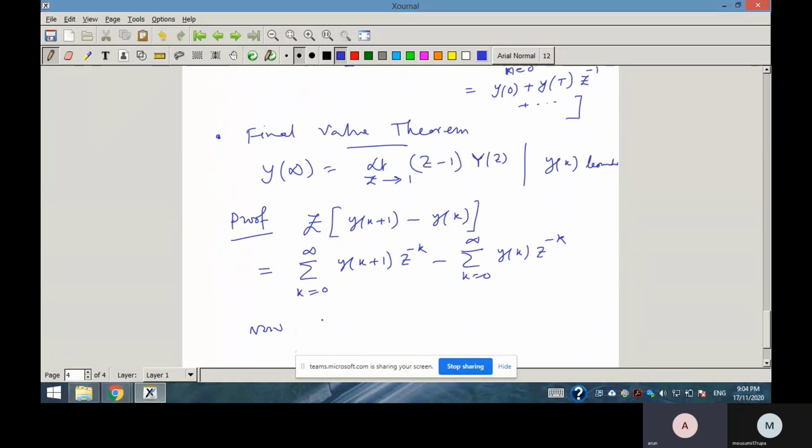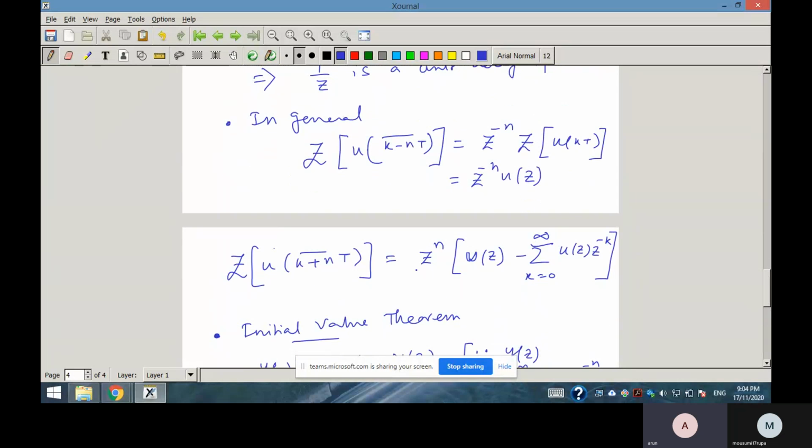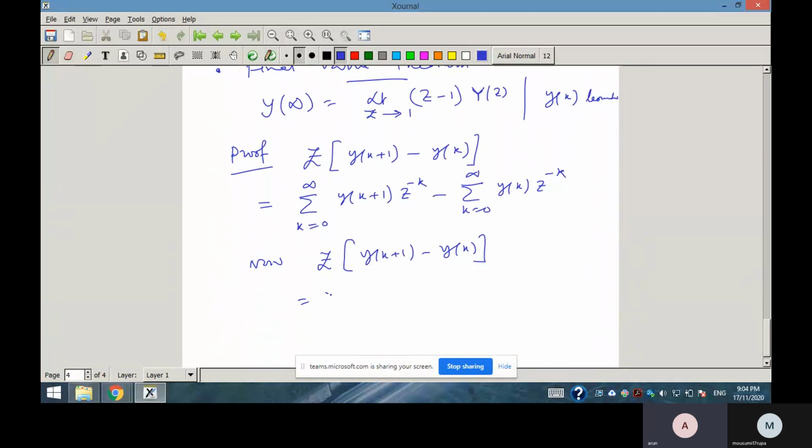Now, the z transformation of yk plus 1 minus yk, you can also write from the above results.